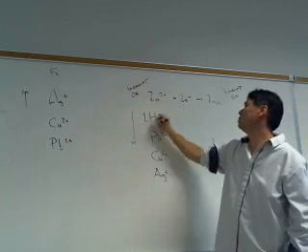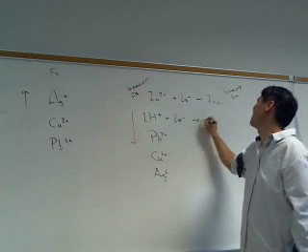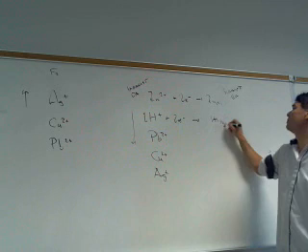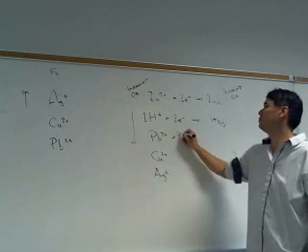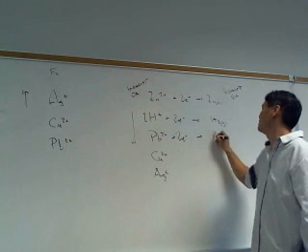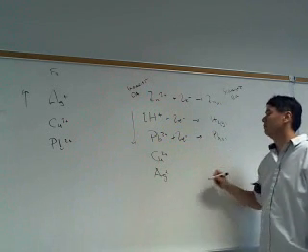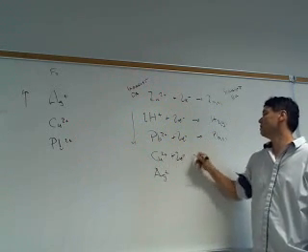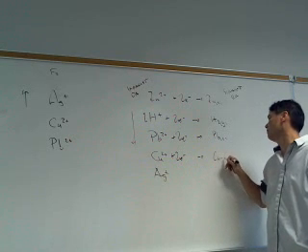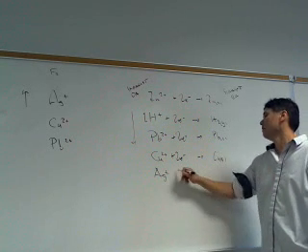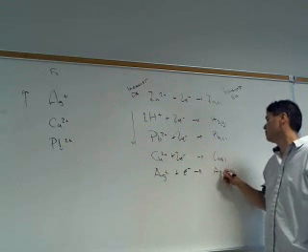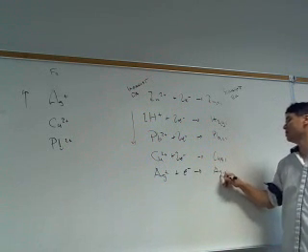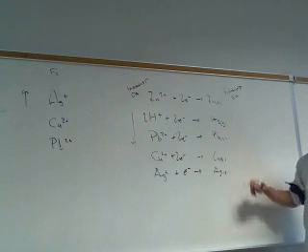Then 2H+ plus 2 electrons gives us H2 gas, so zinc is stronger than hydrogen gas as a reducing agent. Pb2+ plus 2 electrons gives us Pb solid. Copper 2+ plus 2 electrons gives us Cu solid. And Ag+ plus 1 electron gives us Ag solid. Ag solid turns out to be the weakest of the reducing agents.